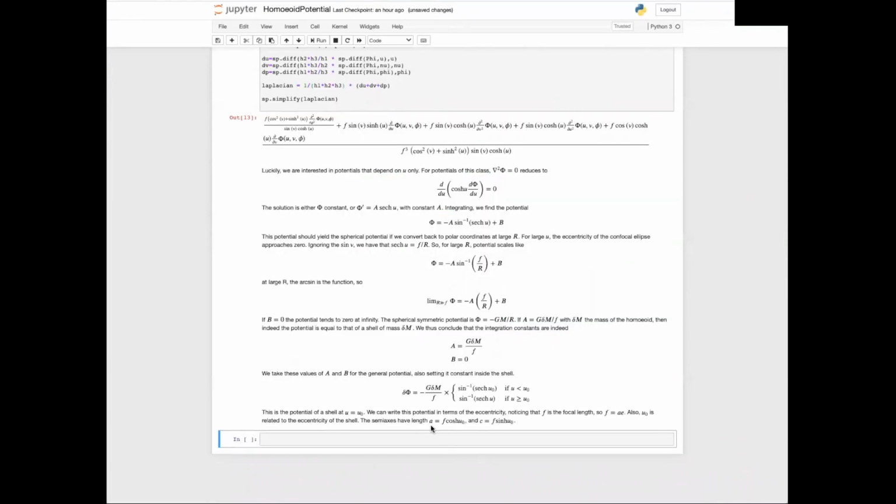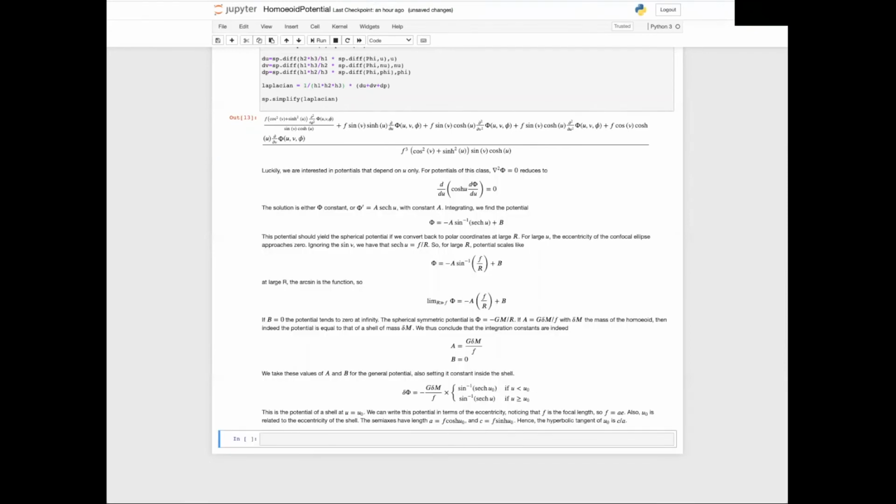We can do that by considering the semi-major axis, a, equal to F times the hyperbolic cosine of u naught, and the semi-minor axis equal to F times the hyperbolic sine of u naught. If you divide one by the other, you have the hyperbolic tangent of u.